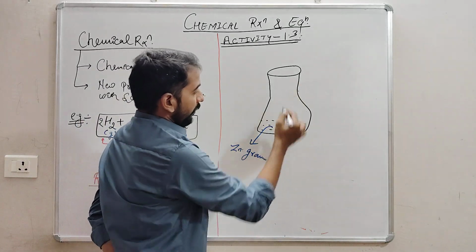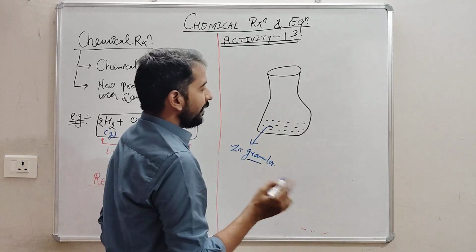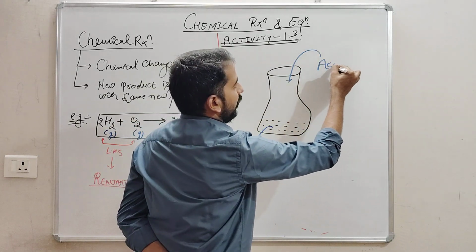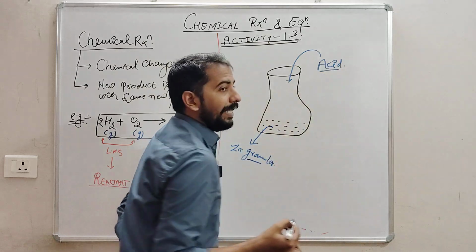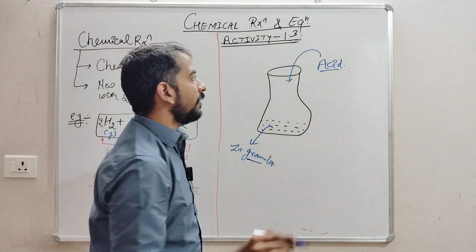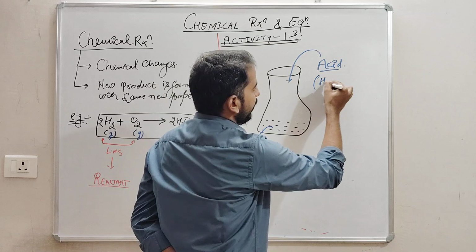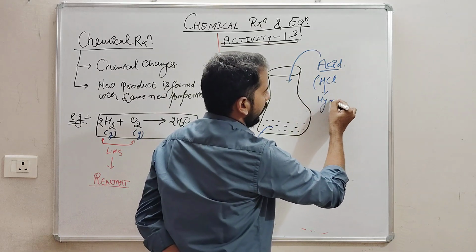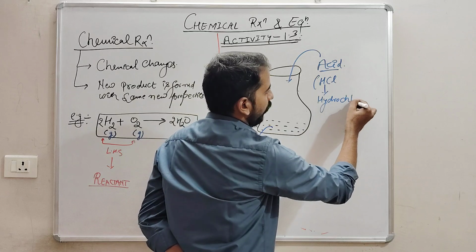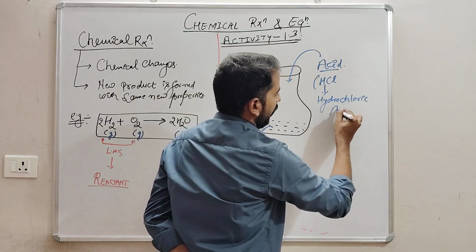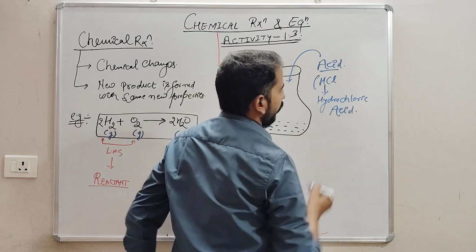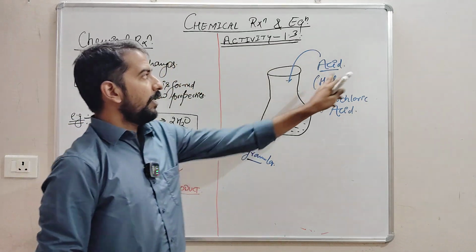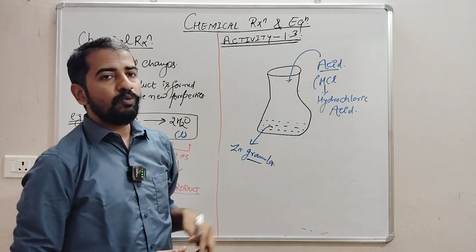So this is zinc granular and they are saying now add any acid. Which acid, in your activity if you will see, they have said HCl, means hydrochloric acid. Okay, they are saying take zinc granular and add hydrochloric acid.